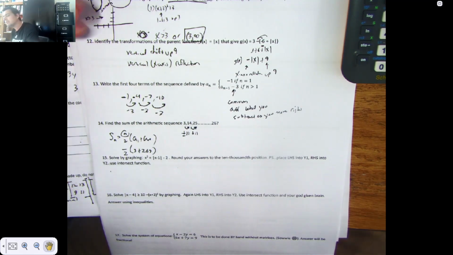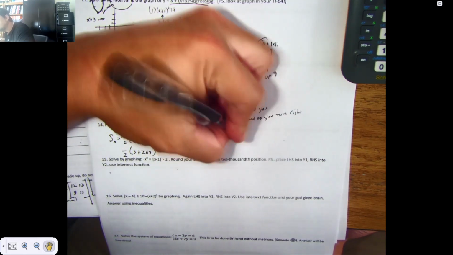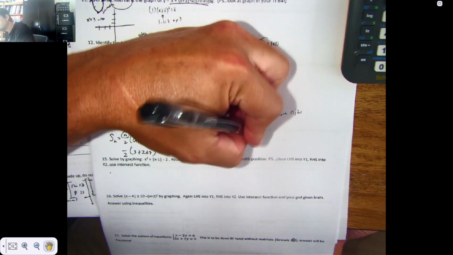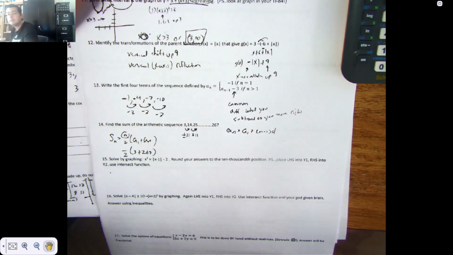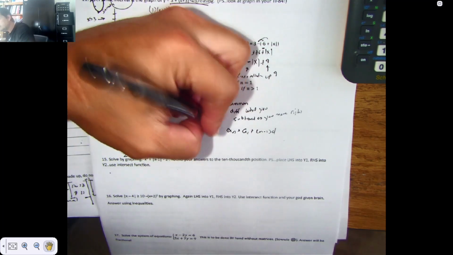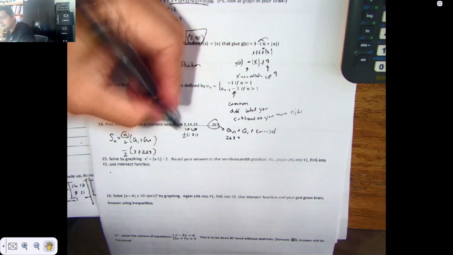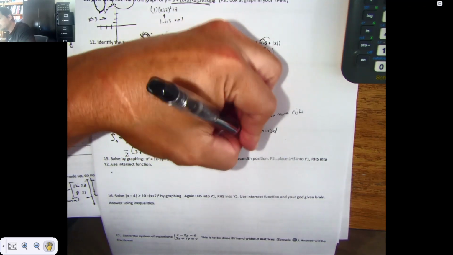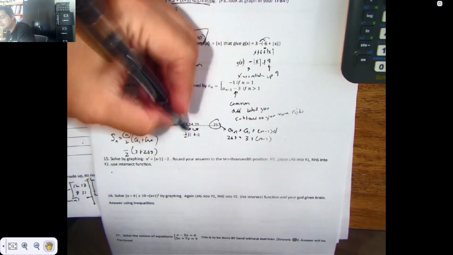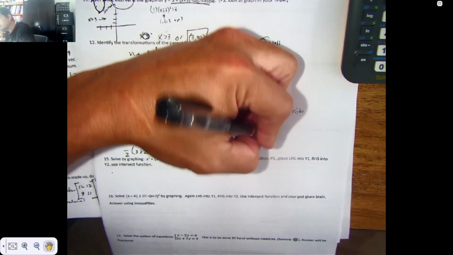Not until I go off to the side and think about another formula that's been given to us. It says that the nth term is the first term plus parentheses n minus 1 times the common difference d. That's what she says. So I'm going to take this 267 and put it right there. It must be the first term, which is 3, plus n minus 1 times the difference, which is 11. And I'm just going to see what happens. I bet I get n.